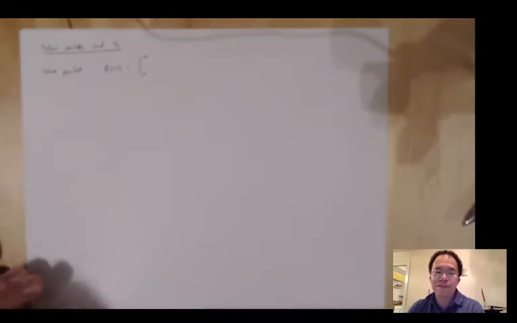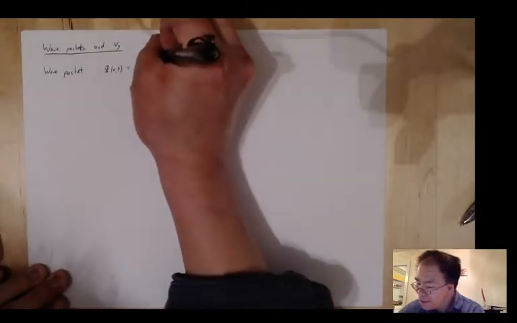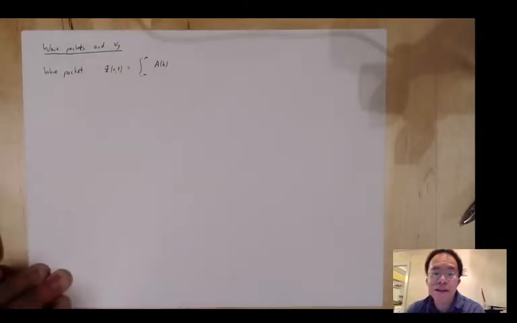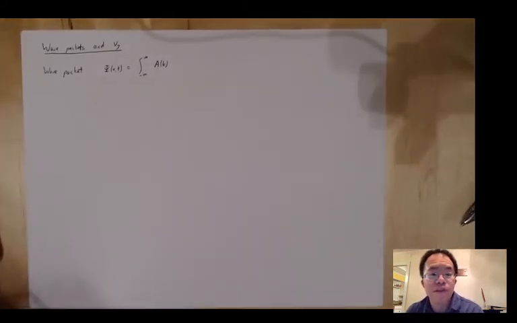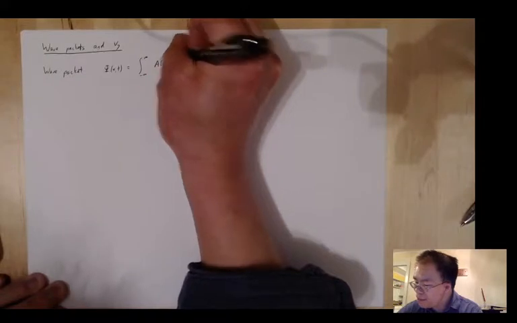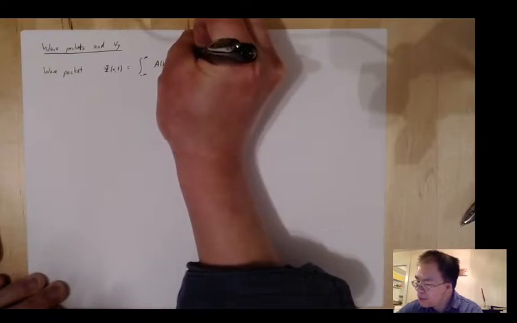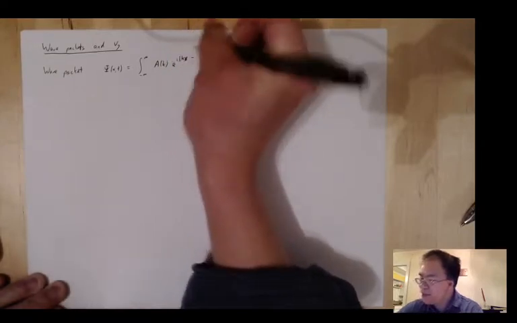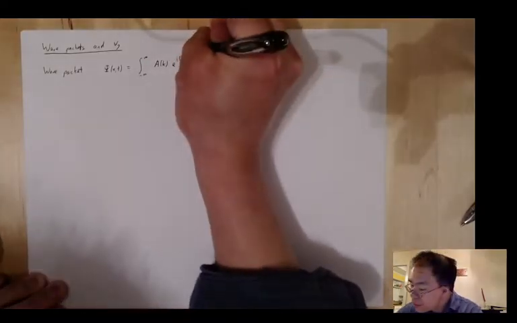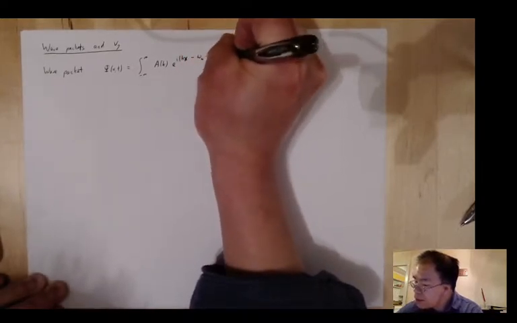We've got this envelope function A of k. This A of k tells us how much of each wave number is contributing to the wave packet. And we have A of k times a plane wave, e to the i, kx, k times x, minus omega, and I'm going to write this as omega sub k, t, dk.